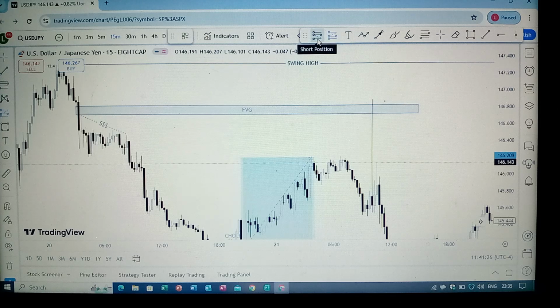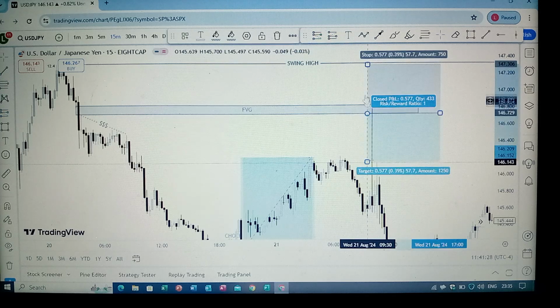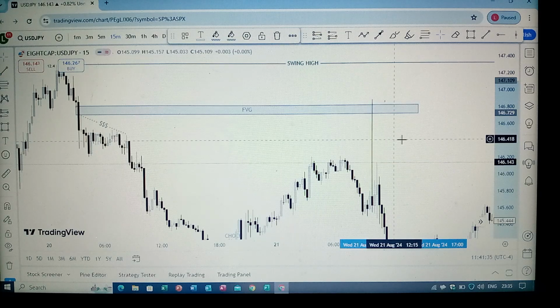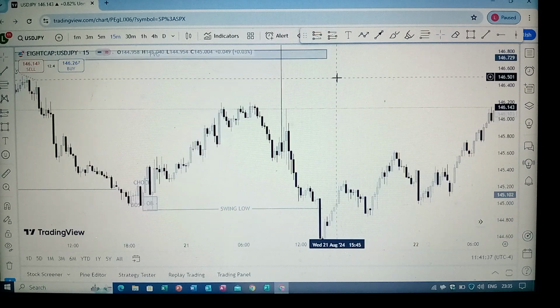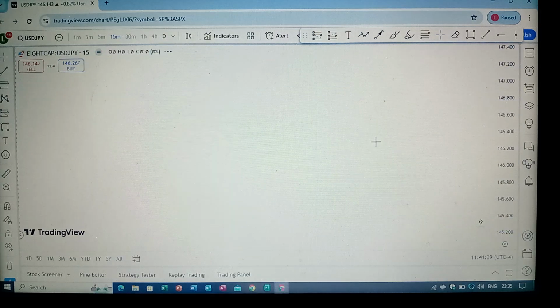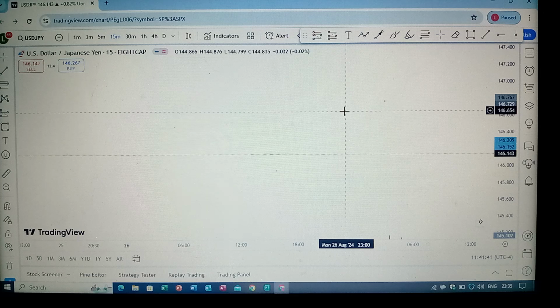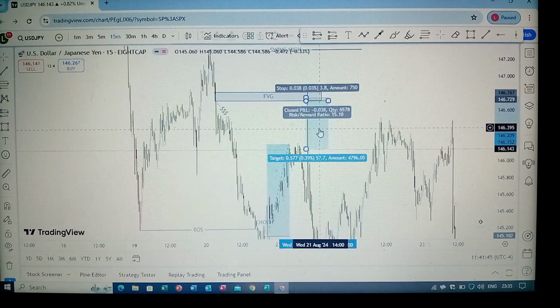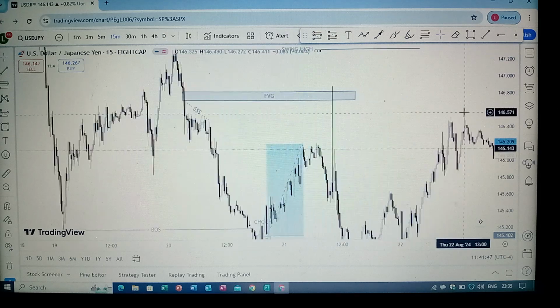Eventually I took a short position there, stop loss just above our high there, just to mitigate for spread, right?